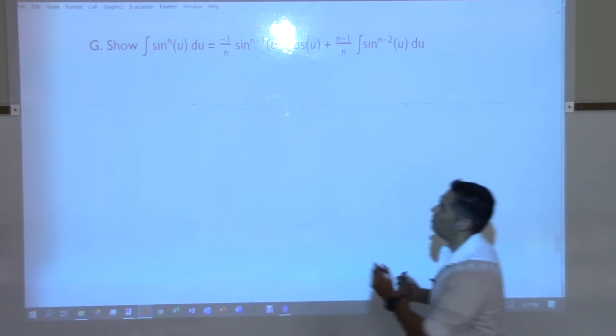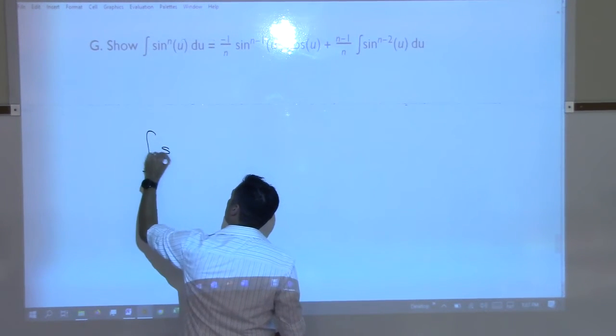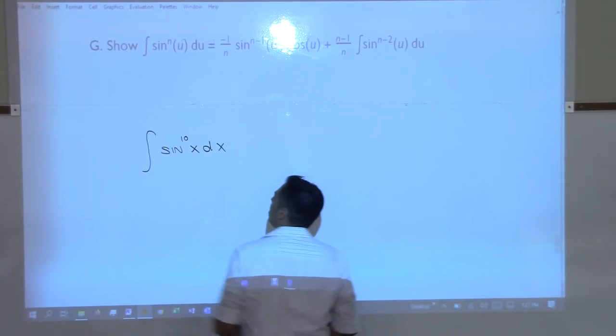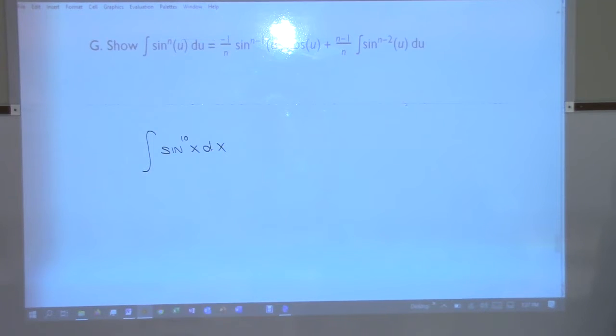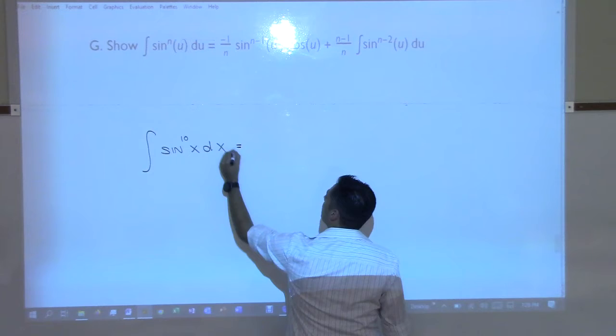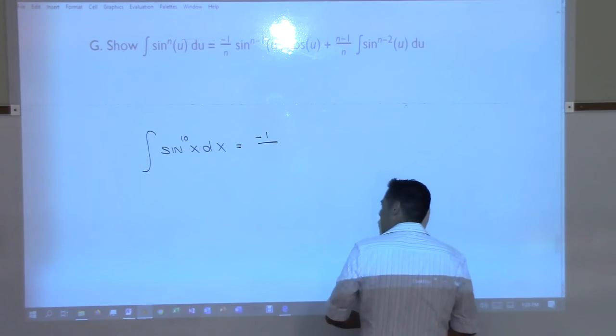I'm going to give you an example of how you could use this formula. If we were trying to do the antiderivative of sine to the 10th power of x dx, would this formula be acceptable? Yes, okay? According to the formula, this is going to be negative 1 over what? For us, n is 10, right?